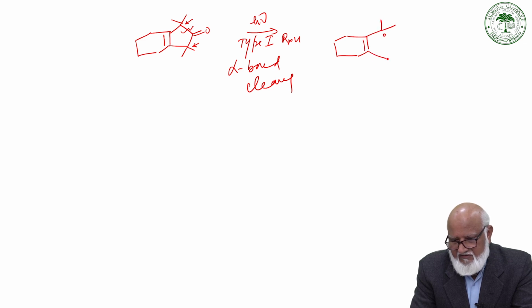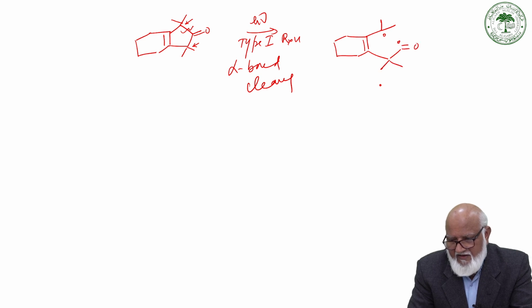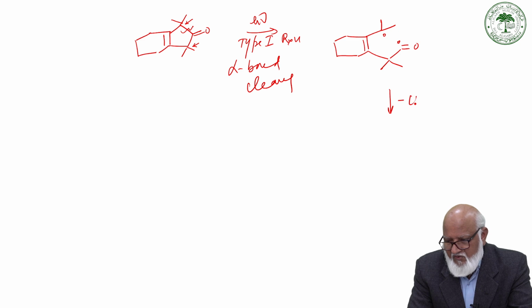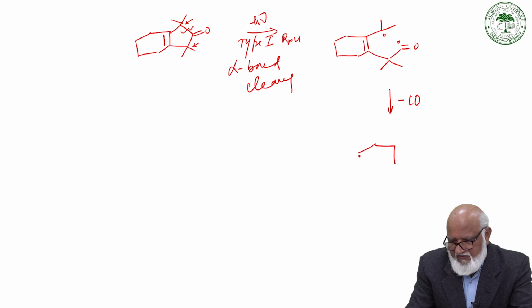radical like this, an acyl radical like this, and now this will undergo minus CO to give this one, and then of course minus CO, and then this will combine.